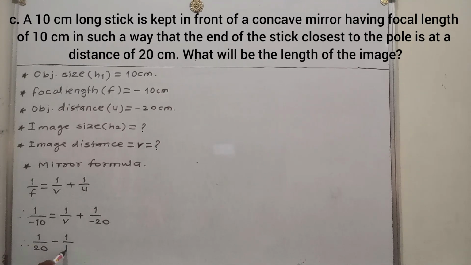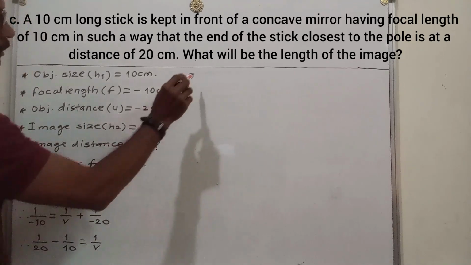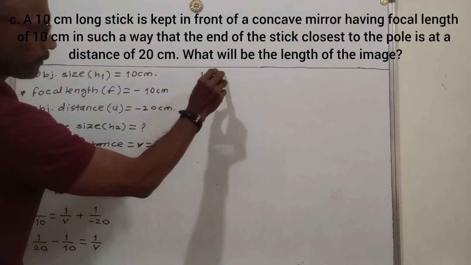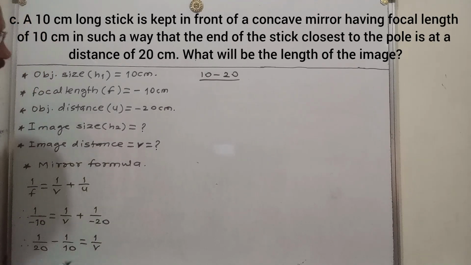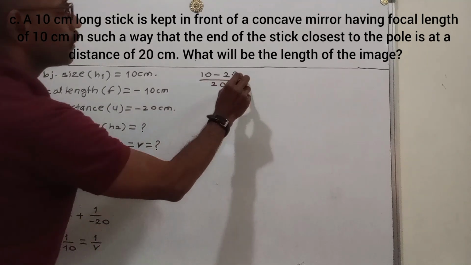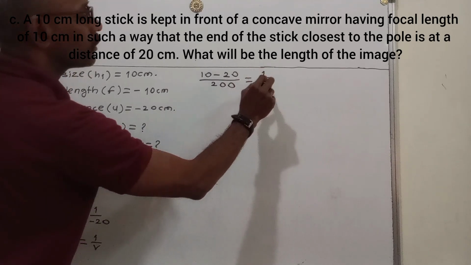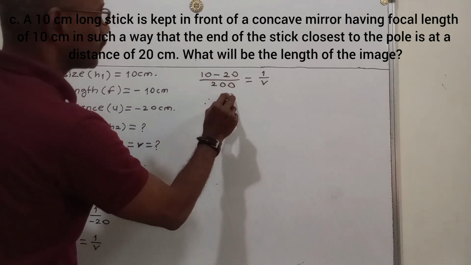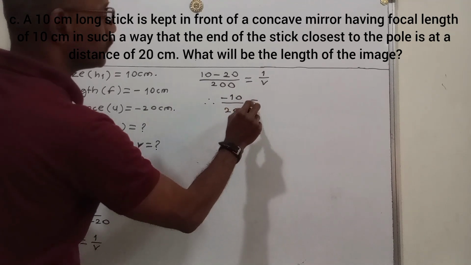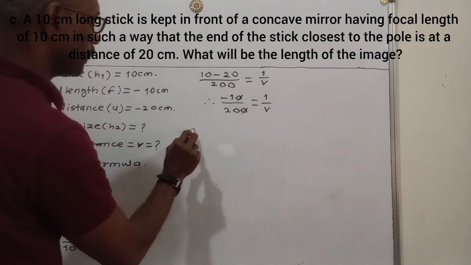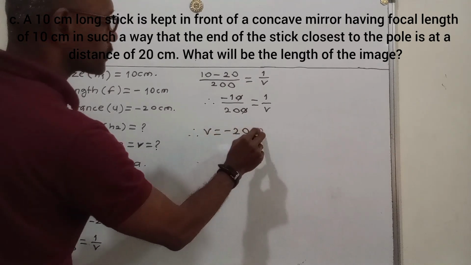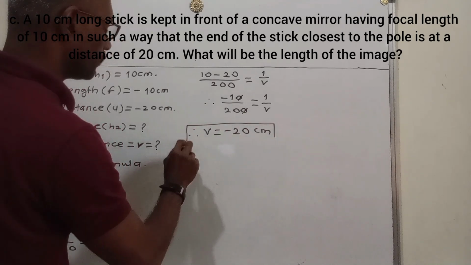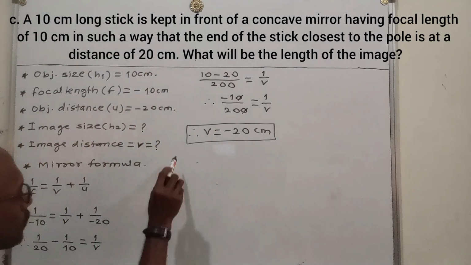Cross multiplication: 10 into 1, 10 minus 20 into 1 upon 20 into 10 is equal to 1 upon V. Therefore, minus 10 upon 200 is equal to 1 upon V. Cross multiplication, therefore V is equal to minus 20 centimeter.